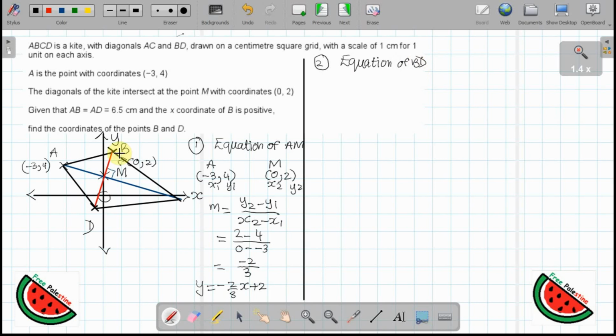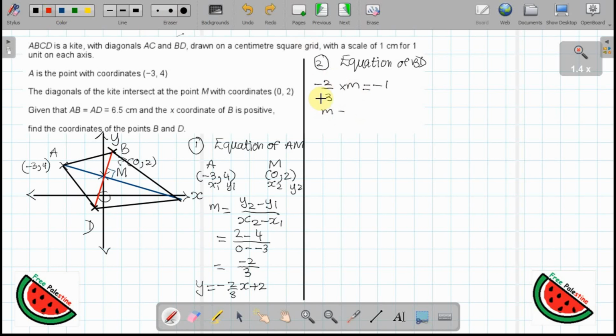Since the red and blue diagonals are perpendicular, their gradients should multiply to give you minus 1. So minus 2 over 3, which was this gradient here, times the gradient of this line, the red line, is equal to minus 1. Or you could just go for the negative reciprocal, so 3 divided by minus 2.